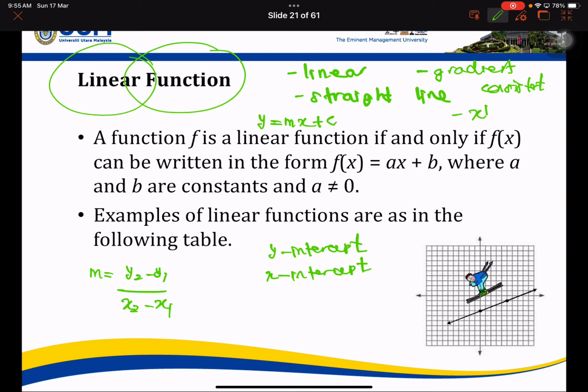You might need the whole thing. Is there any more? If y equals to mx plus c, so y is y, m is gradient, x is x. What is c there? Y-intercept, correct.